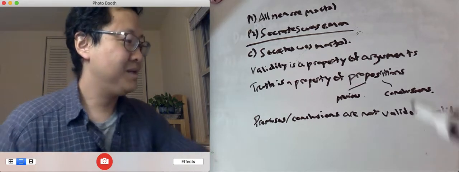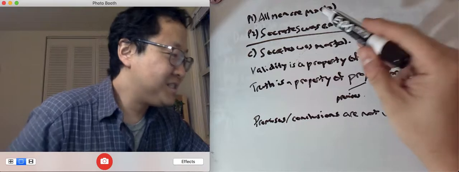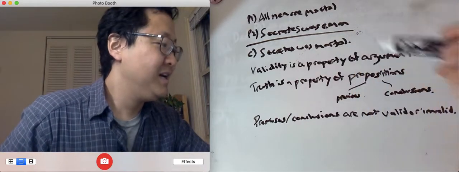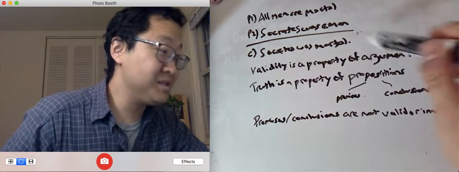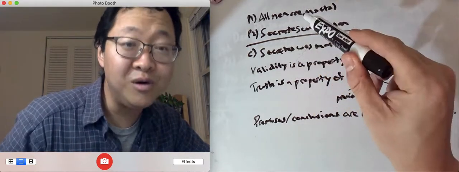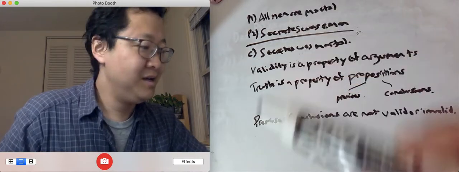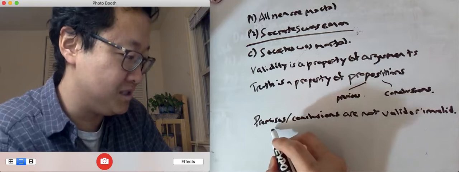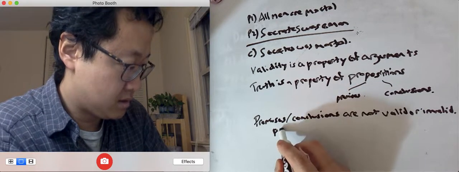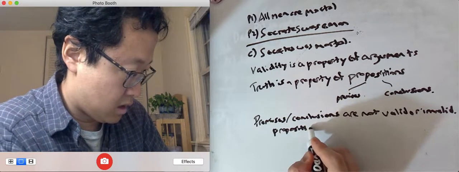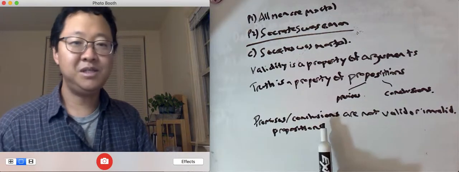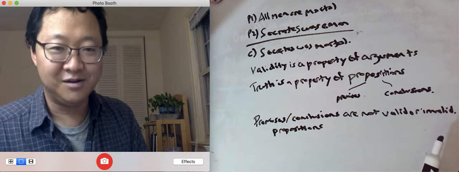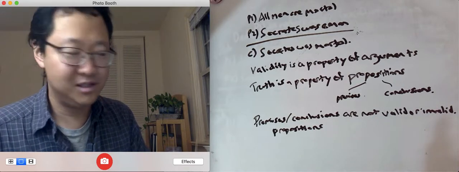Why? Because it's not an individual premise or an individual conclusion that's valid. As we said, validity is a property of argument, so it has to be the argument as a whole that's valid or invalid. But we don't want to say a premise or conclusion or even a proposition is valid or invalid. Okay, that doesn't make sense.